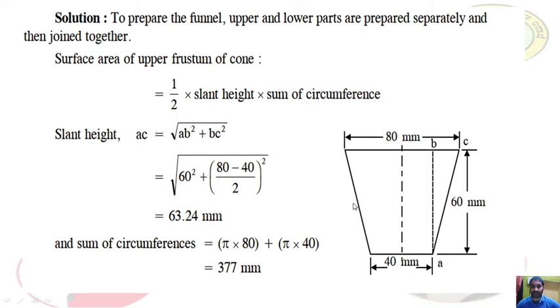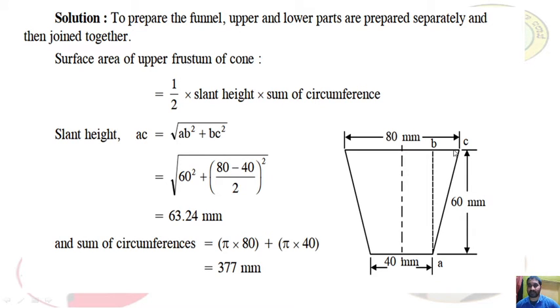The surface area of the frustum of the cone is given by the formula half into slant height into sum of the circumferences. This is the slant height, so you need to find it out. To do that, we consider a right angle triangle ABC by drawing a construction line, in which AC is the slant height, the hypotenuse.